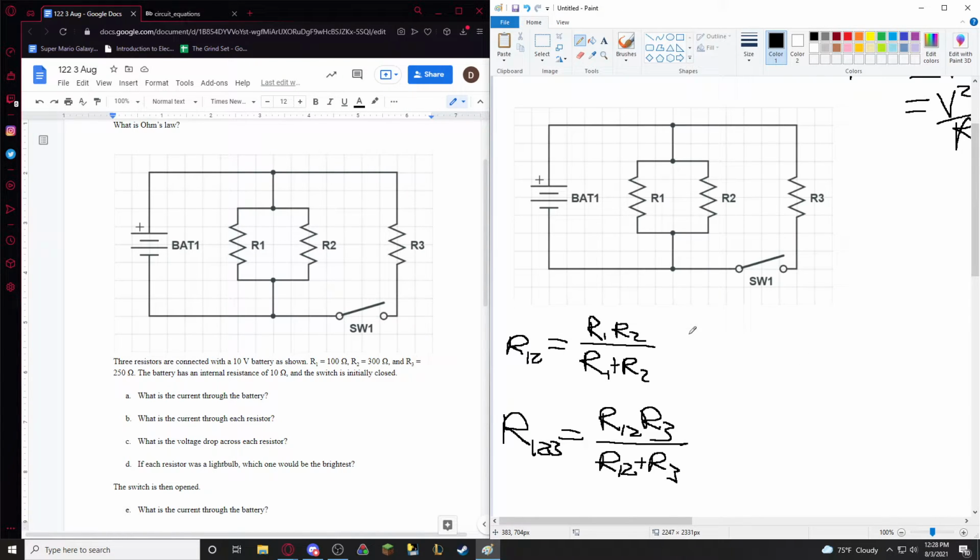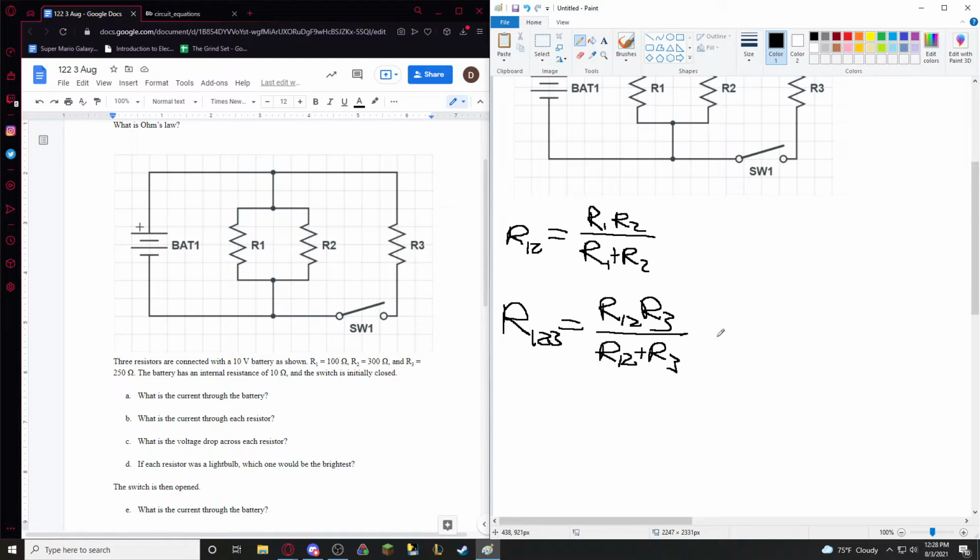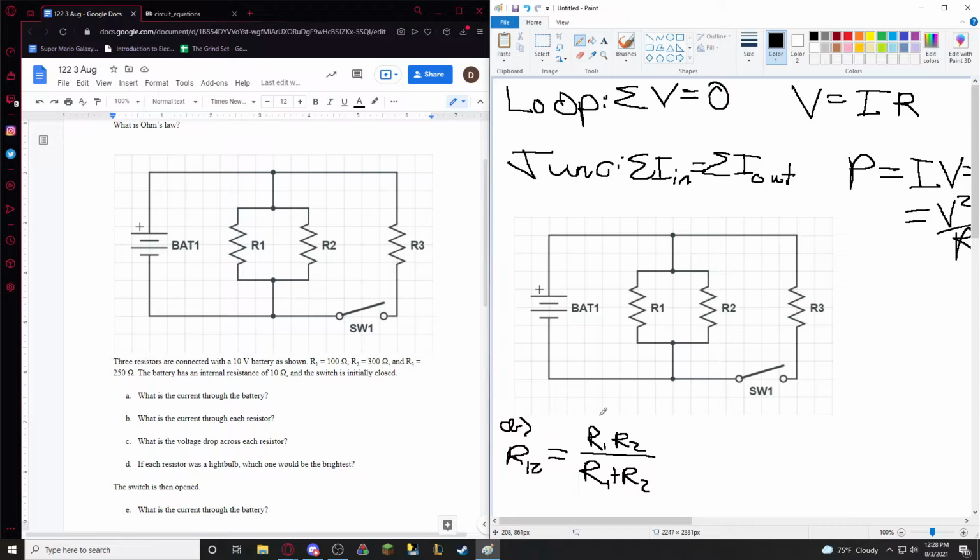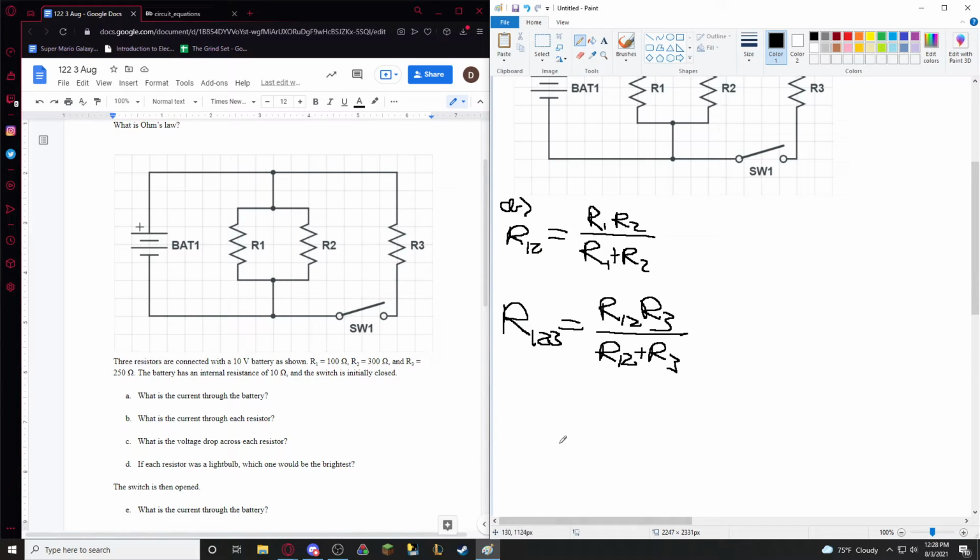And then how do we get the current through the battery? Well, that will be the voltage of the battery over all the resistance, R123.